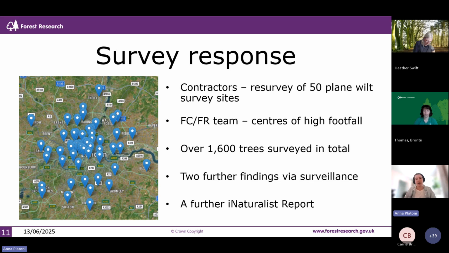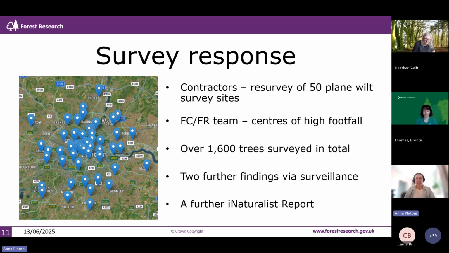They'd just been surveying plane trees for plane wilt and had unfortunately just finished, but they were sent out again to resurvey the trees. This was a designed survey that was pre-existing.